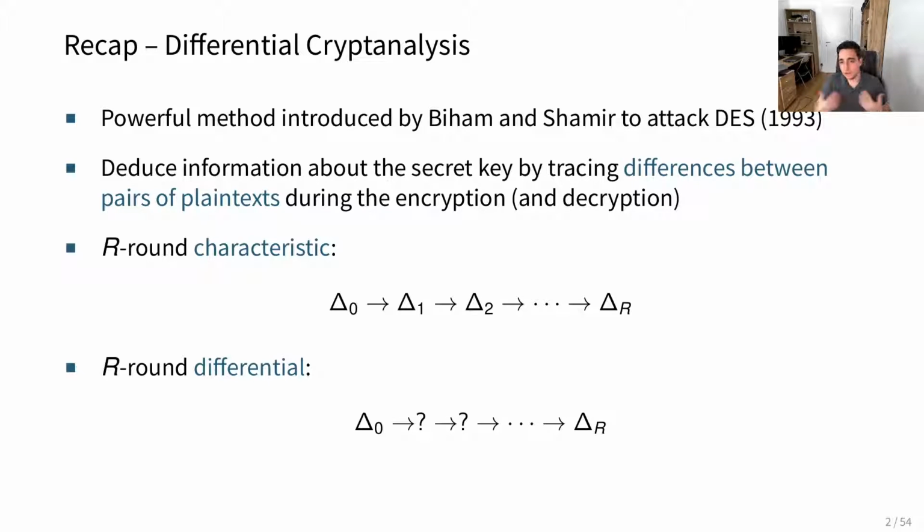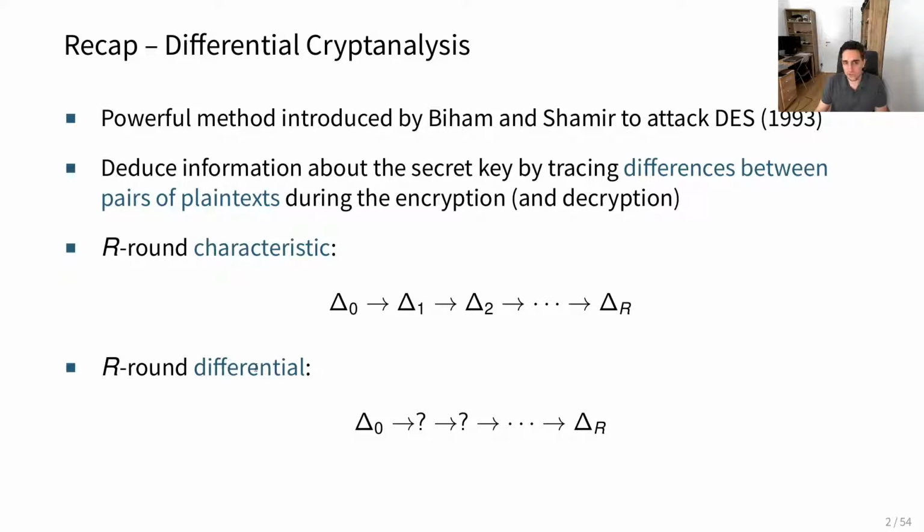So the very basic idea is that we have an input difference, and then we get with some probability an output difference, and based on that we try to recover something, some information about the key, for instance. There's a difference between a characteristic and a differential. For an R-round characteristic, we trace the differences through each of the rounds.